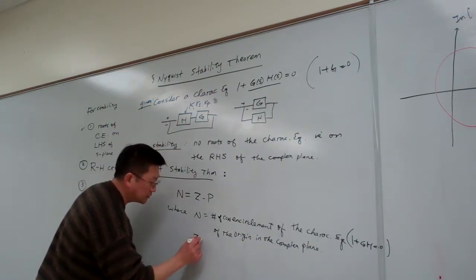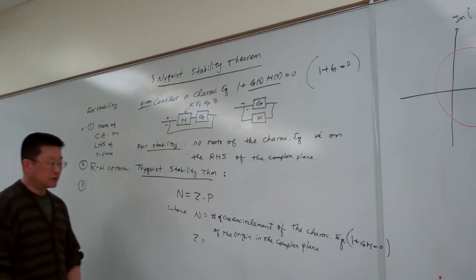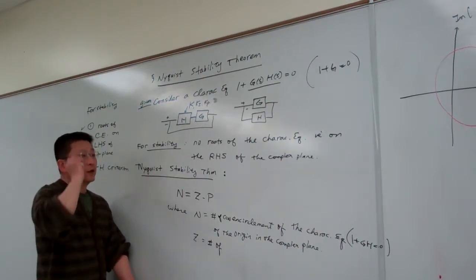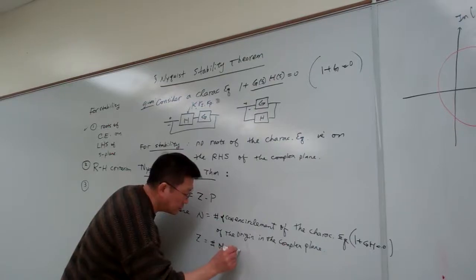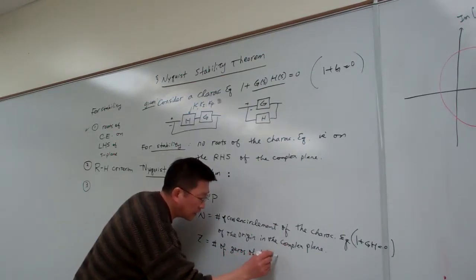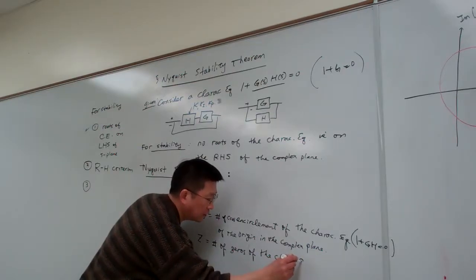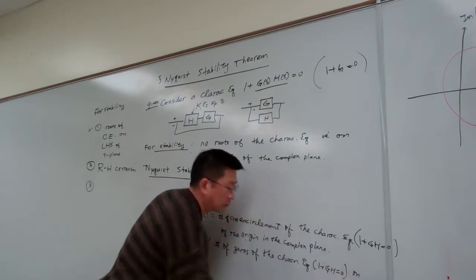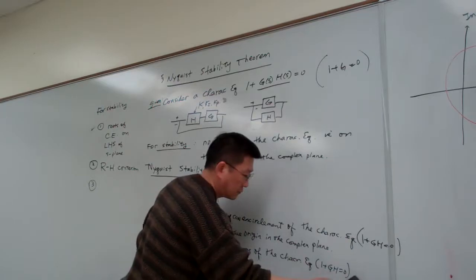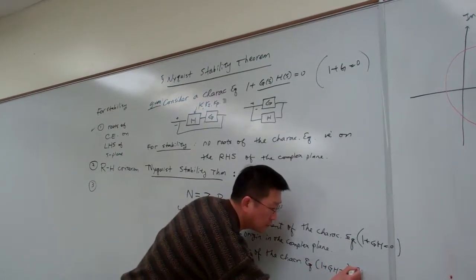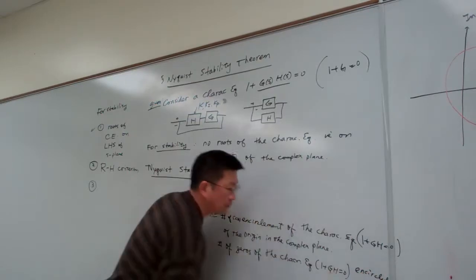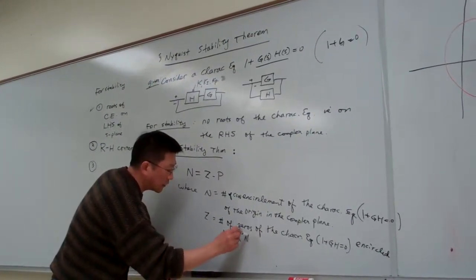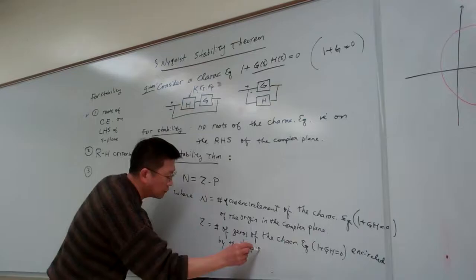And what is Z? Z is the number of zeros of the characteristic equation encircled by the Nyquist path.